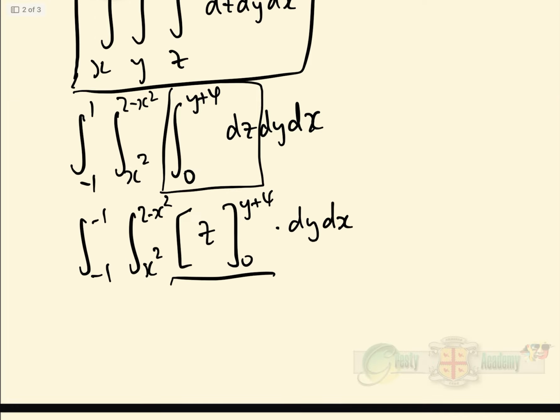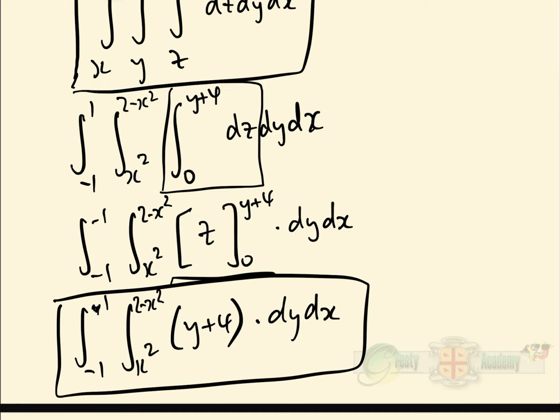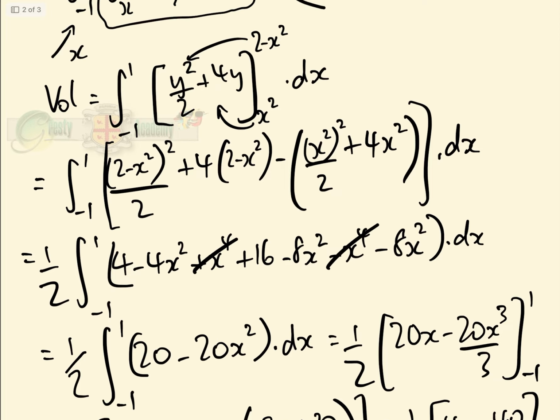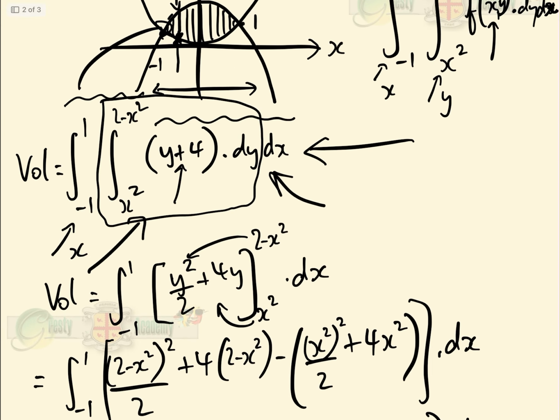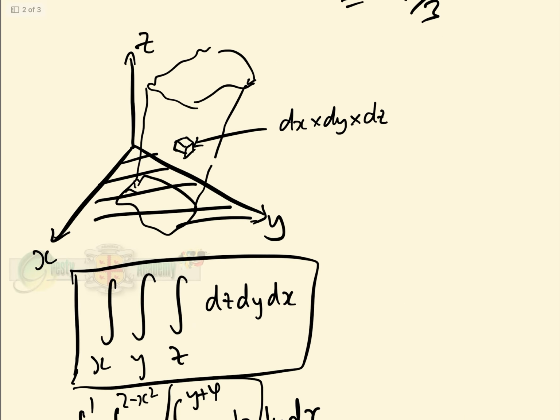And of course that is equal to the integral from minus 1 to 1, x squared to 2 minus x squared, y plus 4 dy dx, which gets us right back to this point here. So it's exactly the same, but some people do prefer the triple integral because it seems a little more intuitive as to exactly what we're doing. And we are clearly finding the volume here by finding this little cube and then multiplying it out in x and y and z.